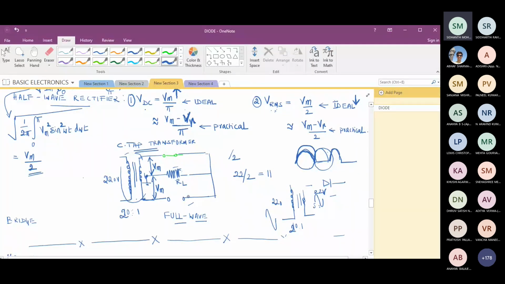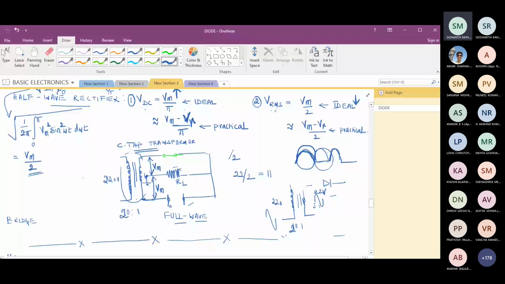Okay. Now again, please focus. I want the voltage across the diode which is not going to conduct. In the sense, I am interested in the voltage across a reverse bias diode here. How much is it? How to find? Vm. Okay.